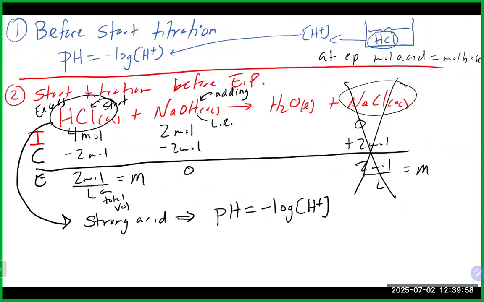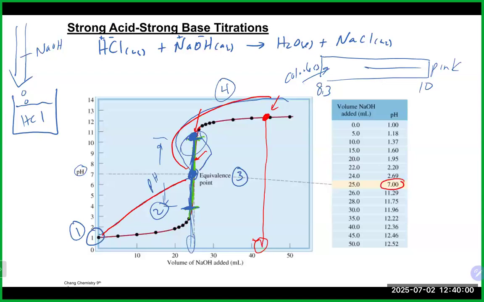So these are the 4 distinct parts to this type of titration and titration curve. And again, you do need to be able to calculate the pH anywhere along there. So why don't we try one? Let's say you did this titration.